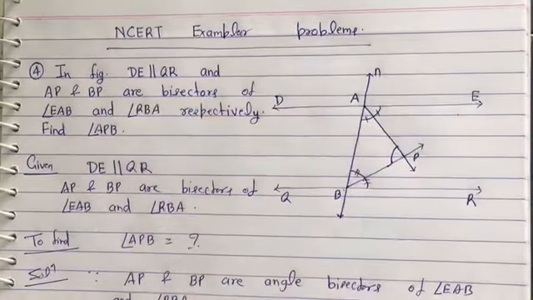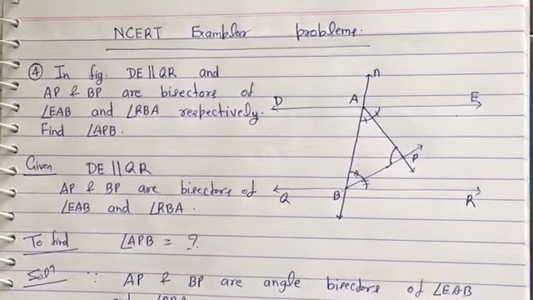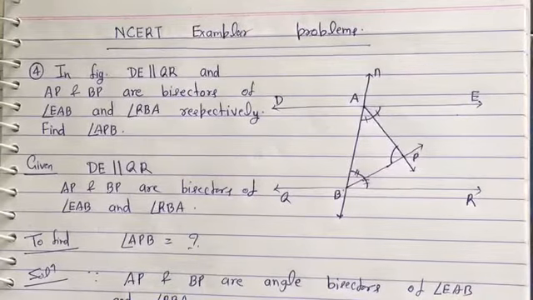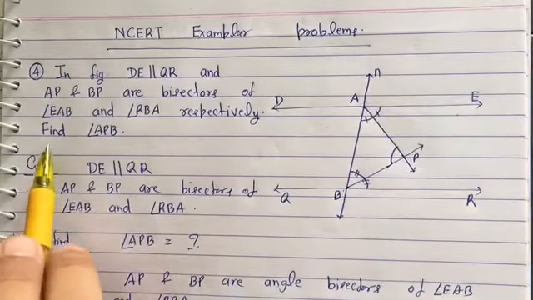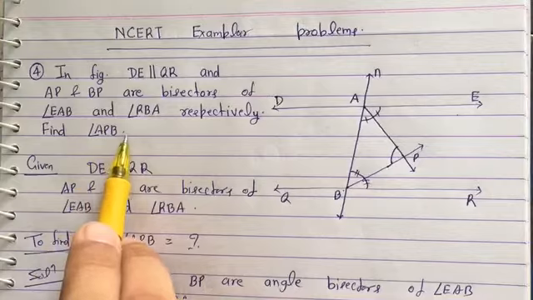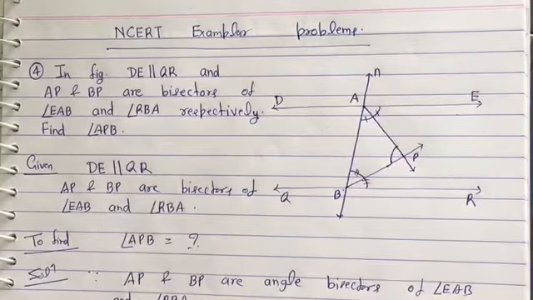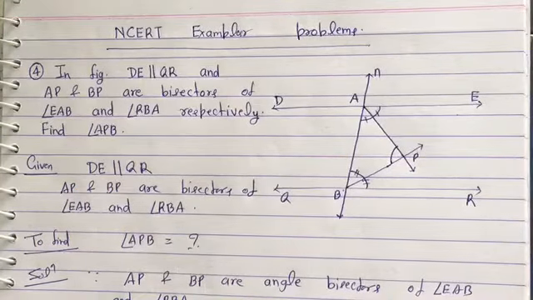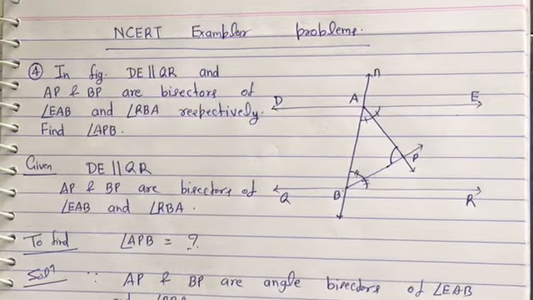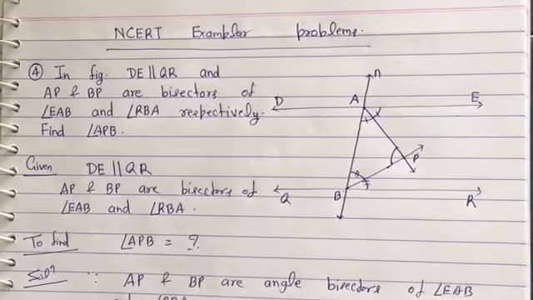Like here you have to solve it like a solution, but sometimes the question says prove that angle APB is equal to 90 degrees. But the procedure is the same in both, either proving or solving. You have to do the question the same way.